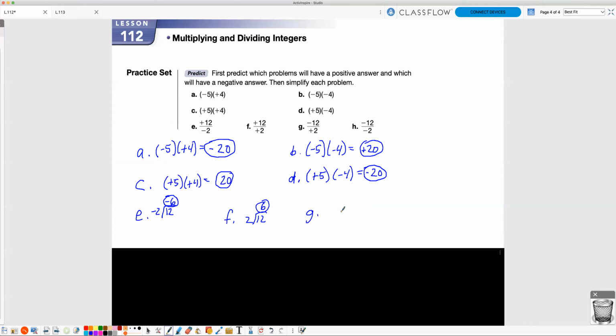Letter G, negative 12 divided by positive 2 is still 6, but now the negative is on the inside there. That means your quotient has to be a negative answer. And then if you have negative 12 divided by a negative 2, that's H, you'd end up with a positive 6.